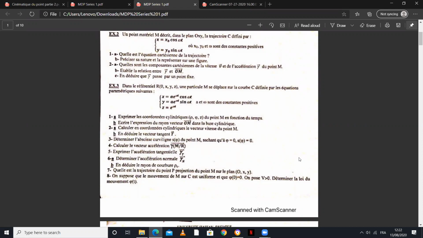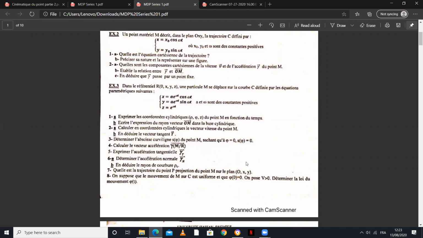OM is equal to OM prime plus M prime M. And then the final expression in terms of the parameters in the cylindrical base is rho in the direction of E rho, plus Z in the direction of K. Exactly, correct. That's very nice. It's OM égale rho suivant E rho plus Z suivant K.